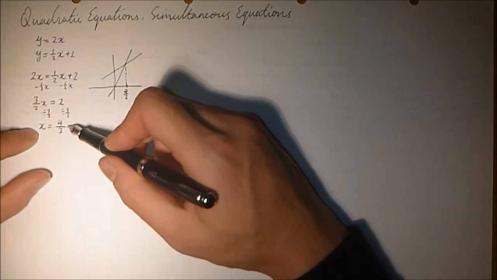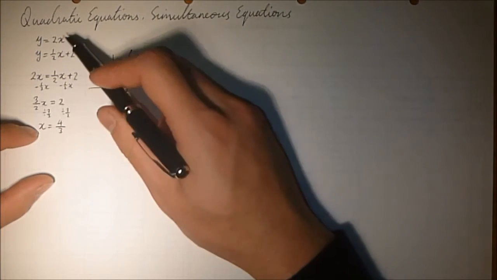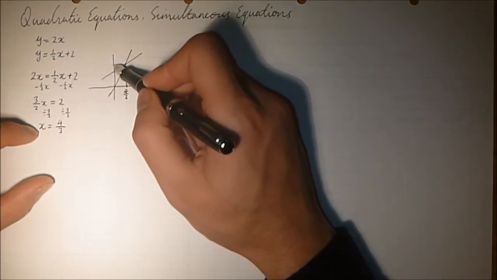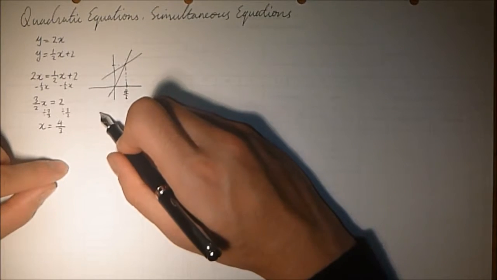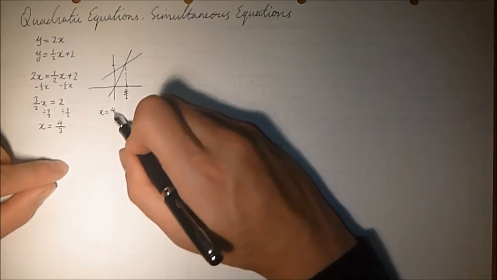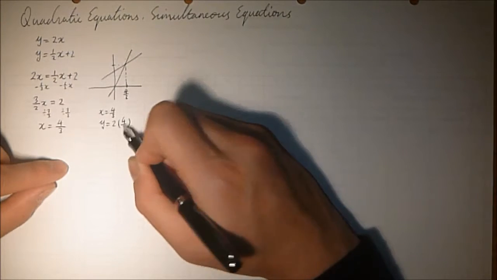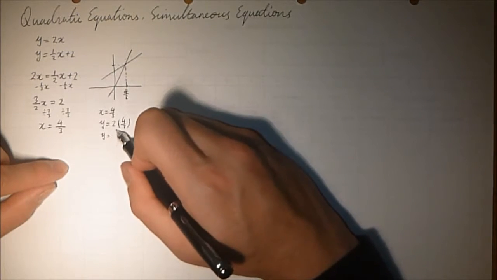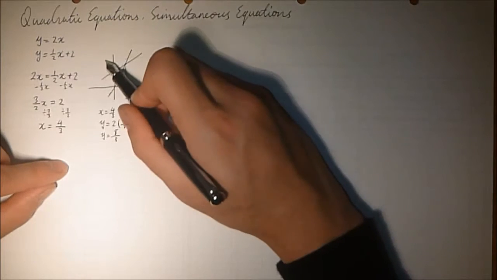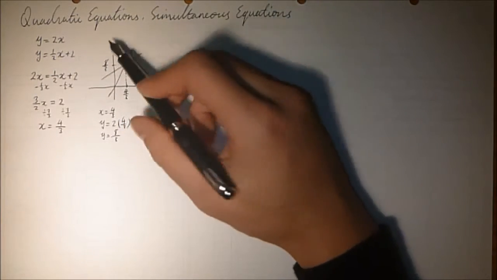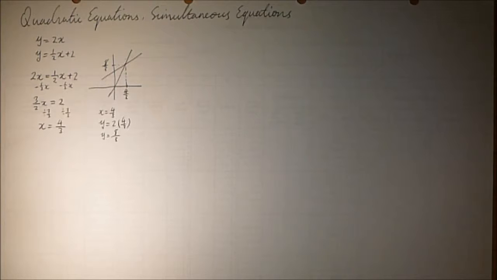And then we use this x value, substituting into the equation, to find the y value here. So when x equals 4 over 3, y equals 2 times 4 over 3, which gives us 8 over 3. So that's the y value of the intercept.